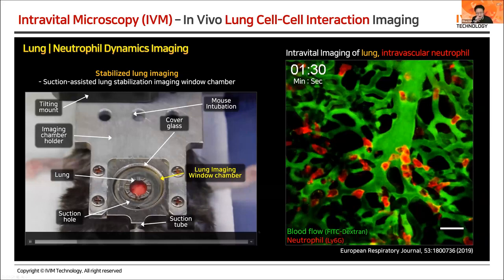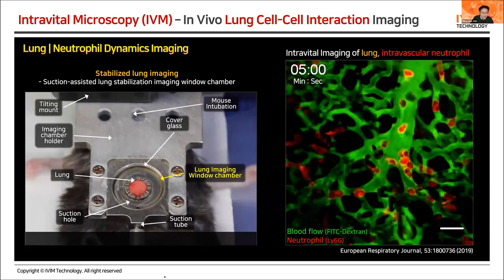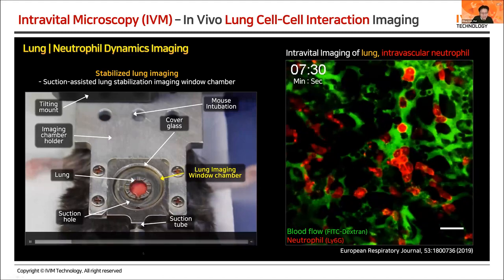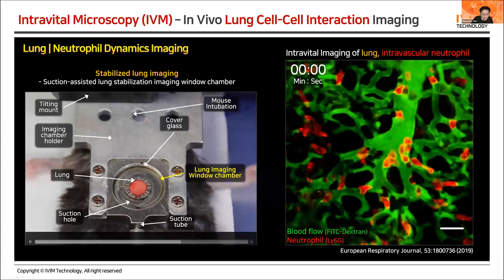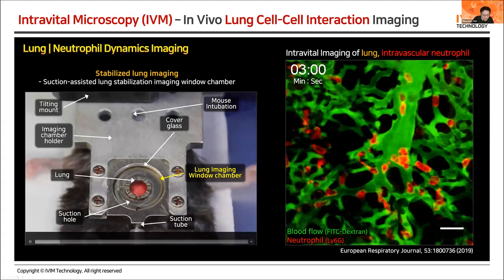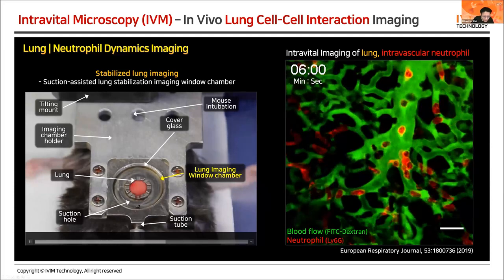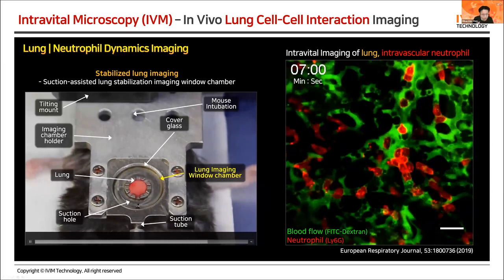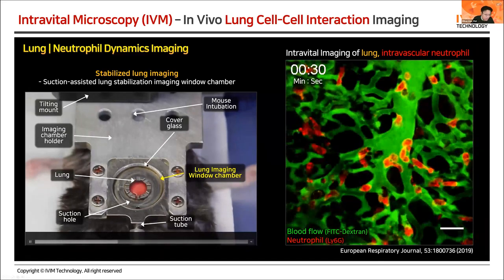To give you some idea, this is how we do it. We made a special device for stabilized lung imaging. In the middle, we expose the lung of this mouse model. By sucking out the air through this hole, we can build up negative air pressure inside this chamber covered by a transparent cover glass.